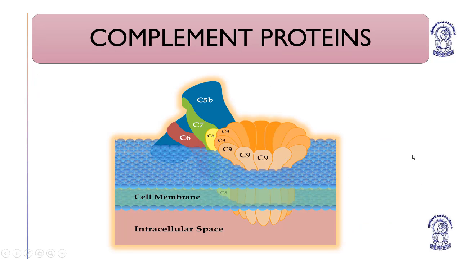These are complement proteins, like you can see C5b, C6, C7, C8, C9. All these proteins are a kind of perforins.